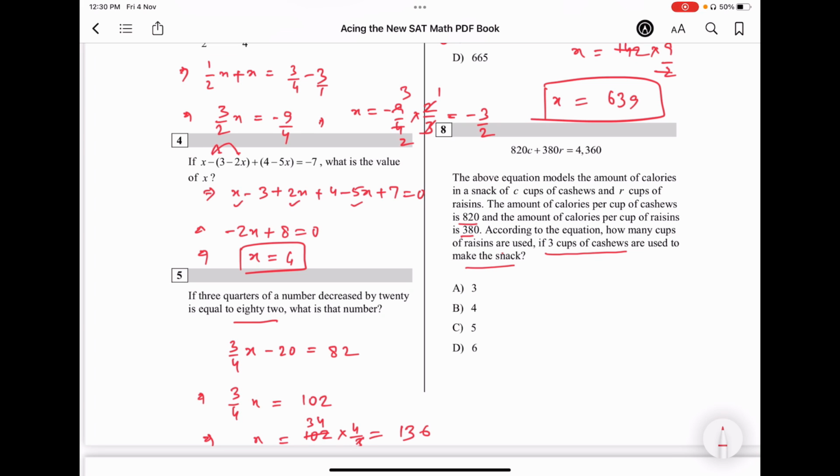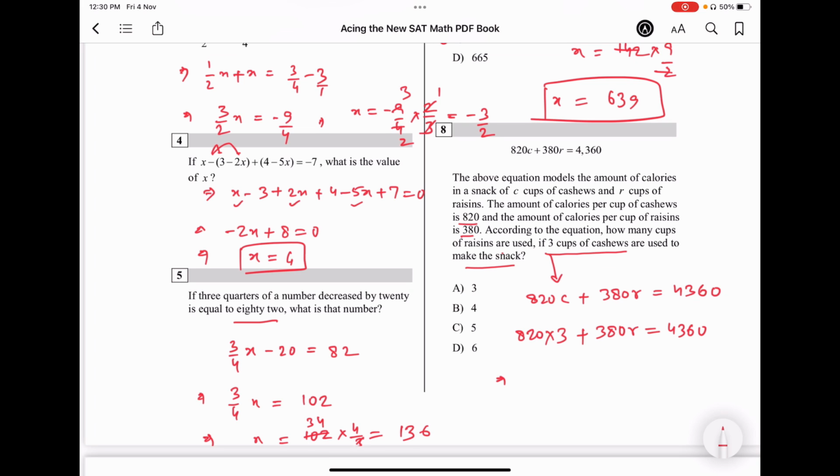Okay. So here we have C cups of cashews and 4360. He says 3 cups of cashews are used. How many cups of raisins are used? So I will simply put C as 3, 820 times 3, 380R plus 4360.